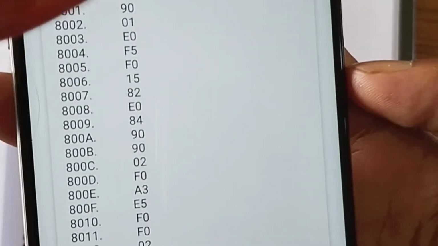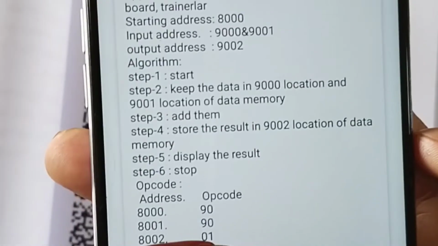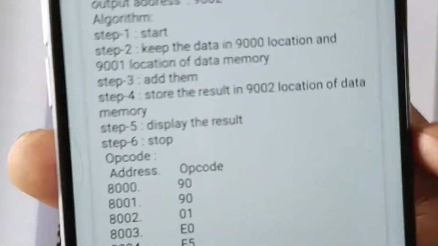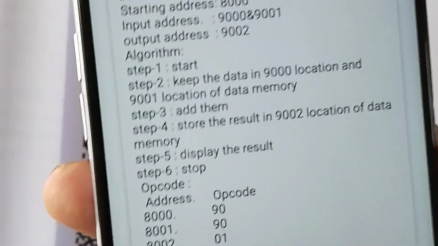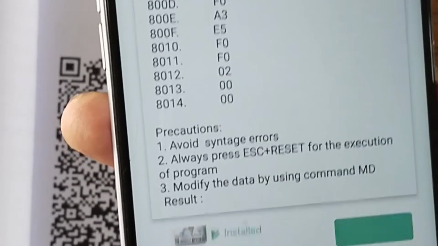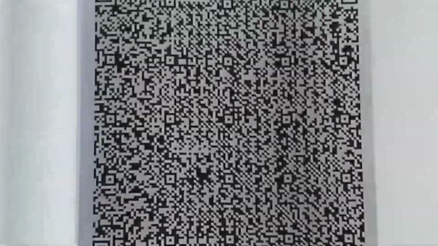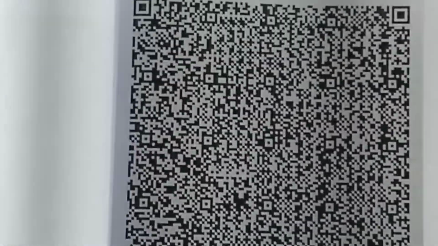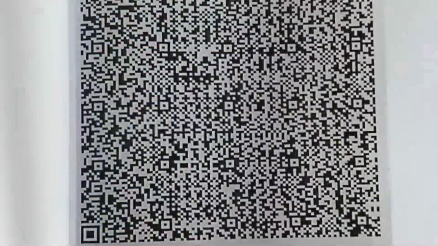Here you can get the aim, apparatus, input address, output address, algorithm, opcode of an 8085 microprocessor, and precautions, and finally we get a result. Not only addition, we have also created examples of subtraction, multiplication, division, and so on.